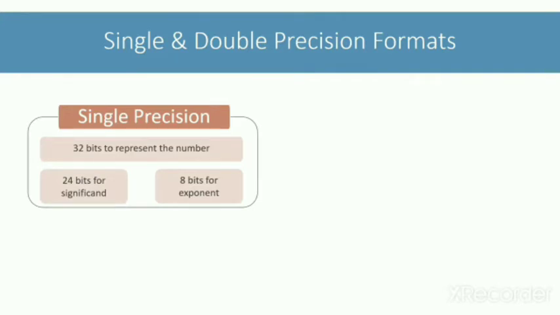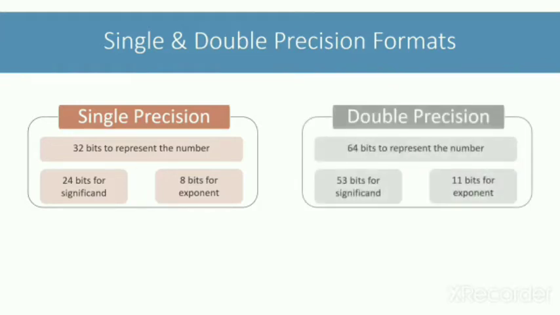Out of that 32 bits, 24 are used to represent the significand and 8 bits are used to represent the exponent. Double precision format uses a total of 64 bits to represent the fractional number. Out of the 64 bits, 53 bits are used to represent the significand and 11 bits are used to represent the exponent.